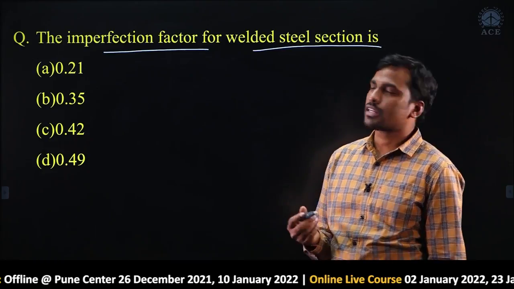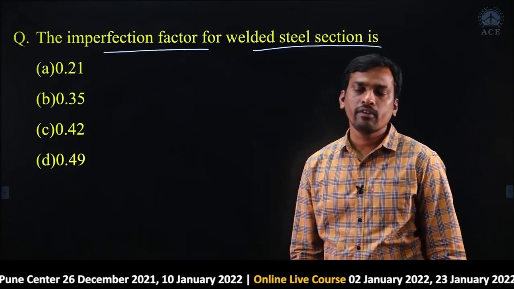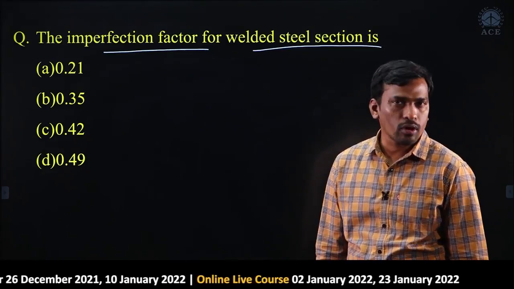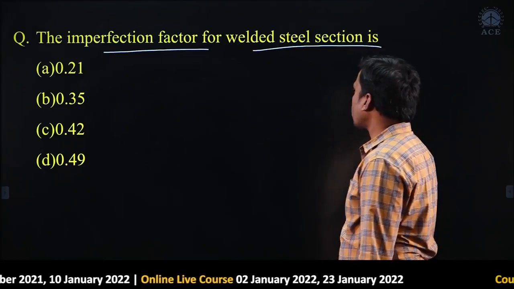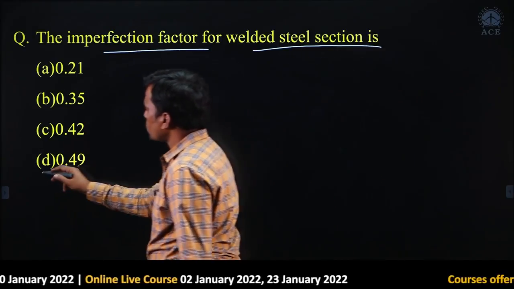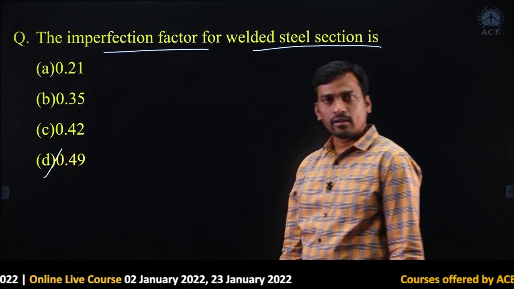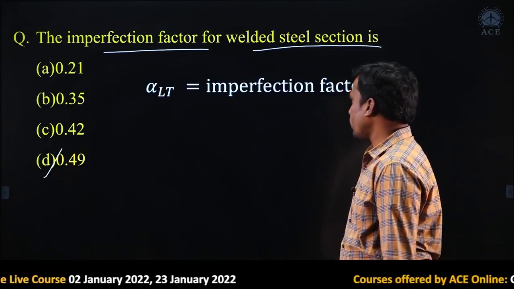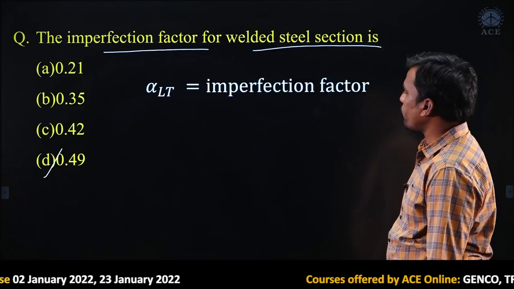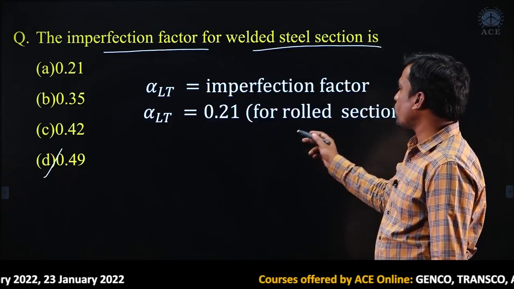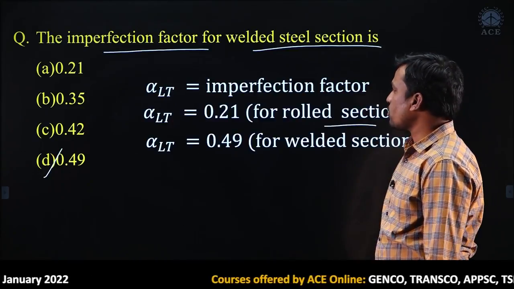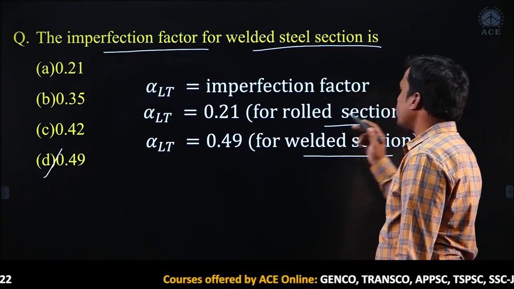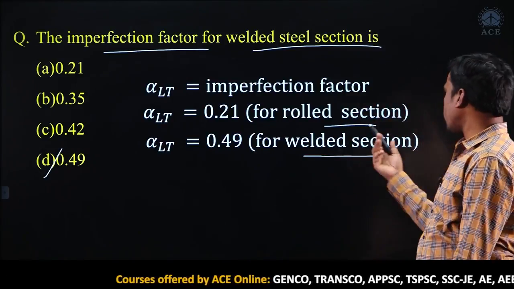For rolled steel section the value is 0.21 and for welded section 0.49. In the question, welded section is given, so 0.49 is correct. Here alpha LT is the imperfection factor, 0.21 for rolled steel section and 0.49 for welded section. Note down please.